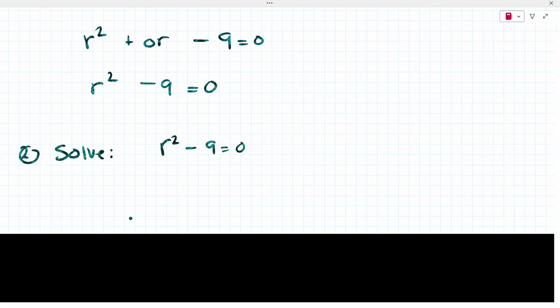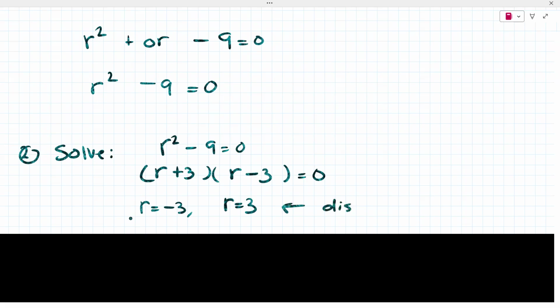You can just solve for r by adding 9 and taking the square root, or you can factor it because it is a perfect square. This is (r plus 3)(r minus 3), and that means our r is negative 3, and r is positive 3. What can you say about these two roots? They are definitely distinct, and they're definitely real.